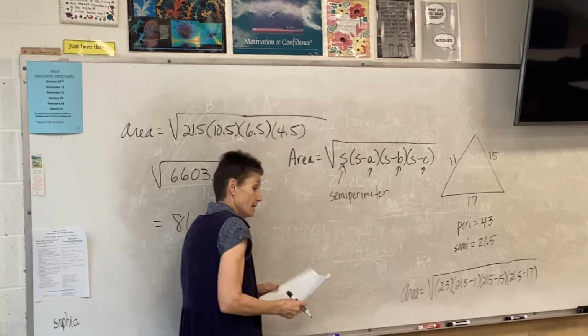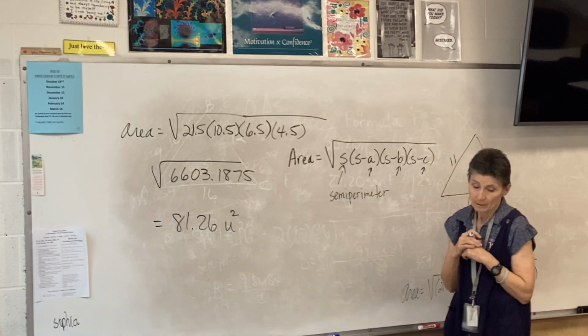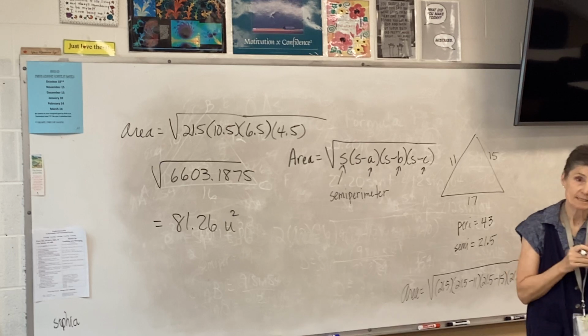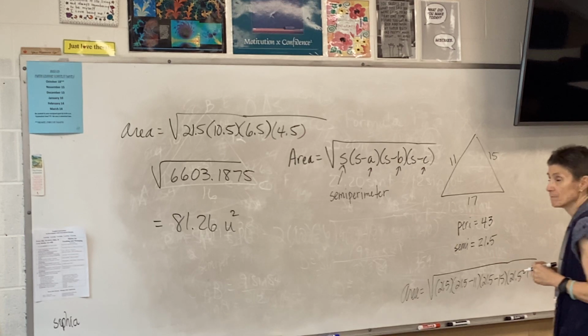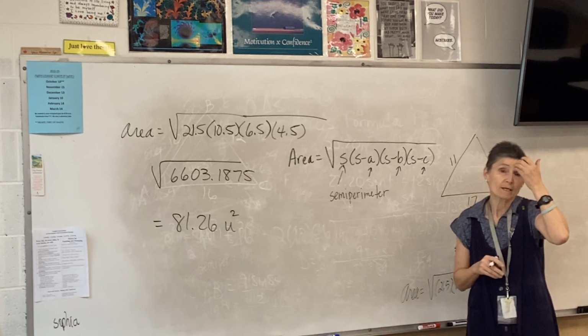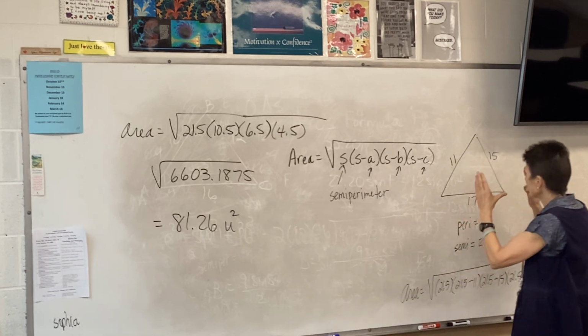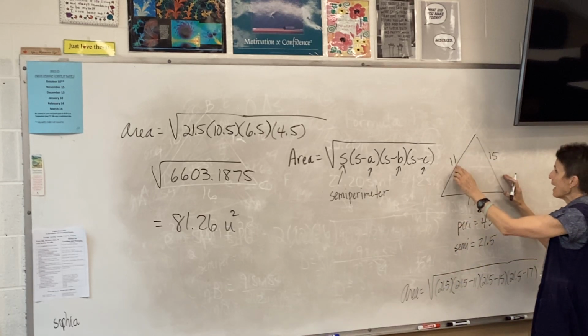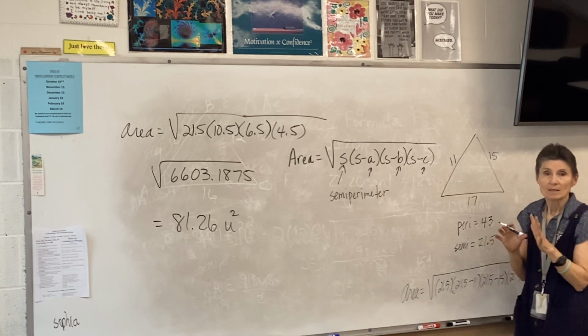All right, quick comment before we move on. I chose to do A and D first because they are appropriate for Hero's formula. And the reason they're appropriate for Hero's formula is because in the given, I have all 3 sides. That was the key.